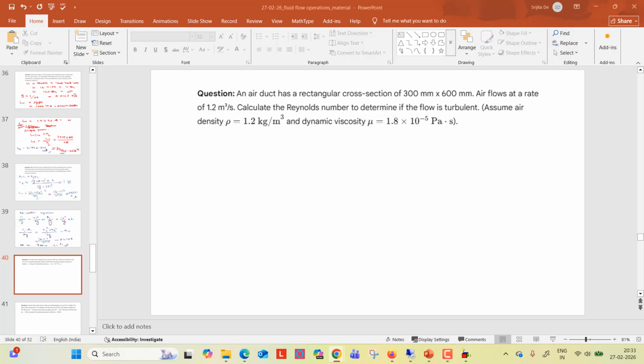So for calculating the Reynolds number, we first have to calculate the hydraulic diameter of the air duct.